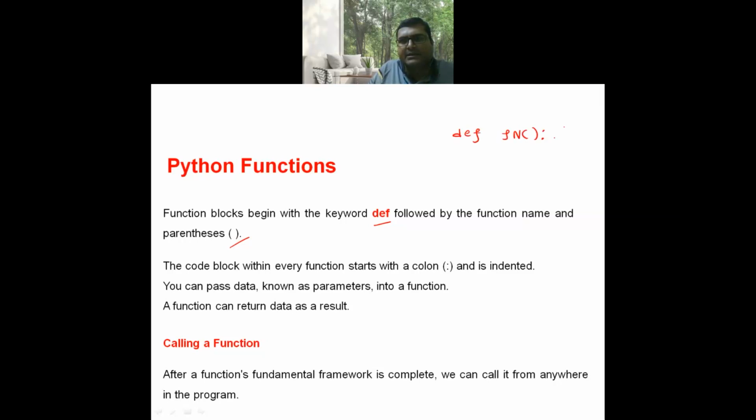After pressing enter, you will get an indented block, the sequence of statements to be executed within the function. While calling the function, we write the function name followed by parenthesis, and function arguments can also be used. This is the basic way of defining a function in Python.